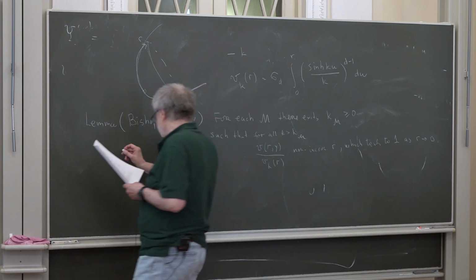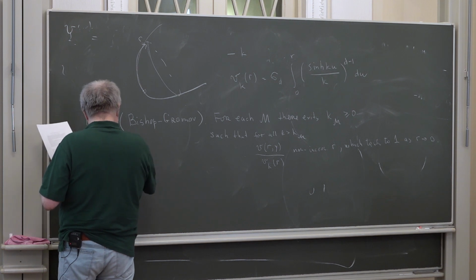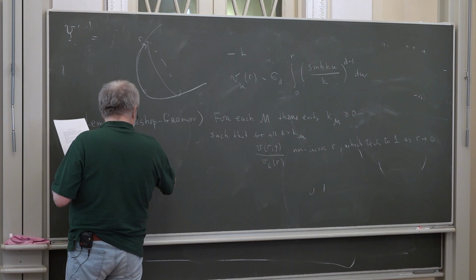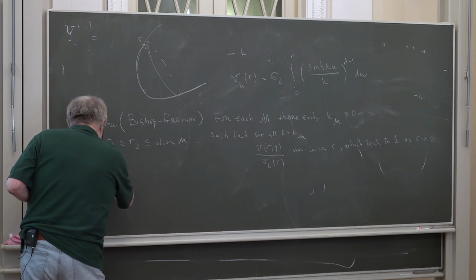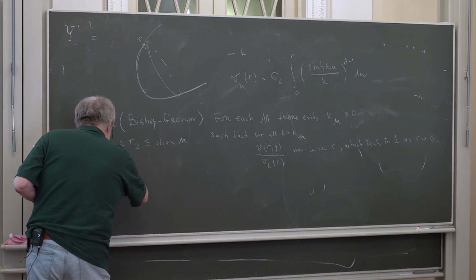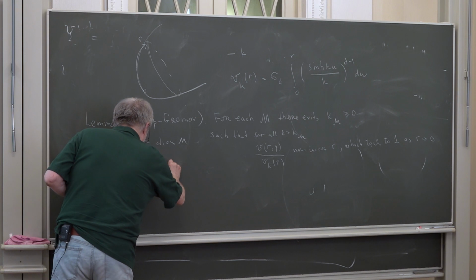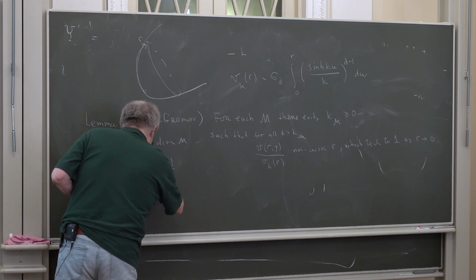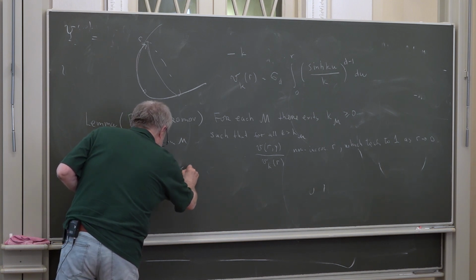So if we consider R1 positive, R2, and smaller than the diameter, then from this lemma we obtain these inequalities for R1 and R2 smaller than 1.